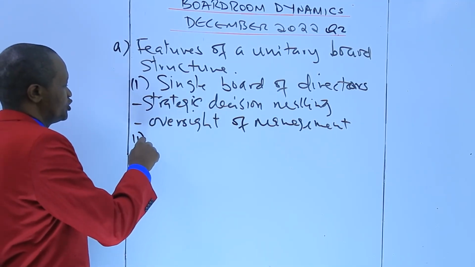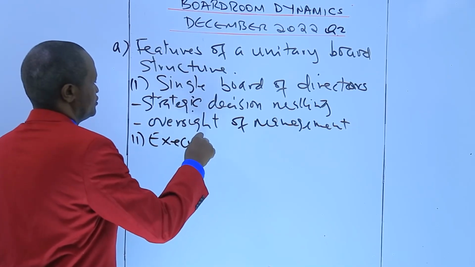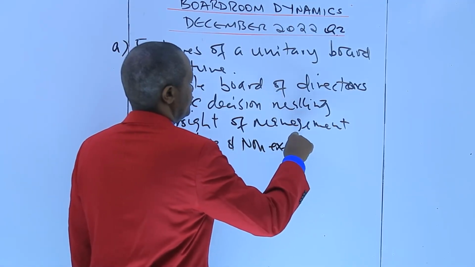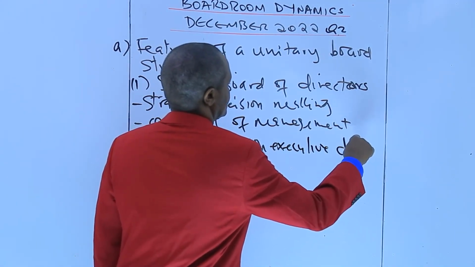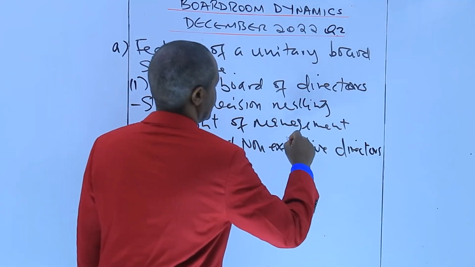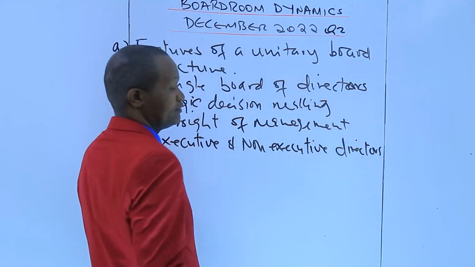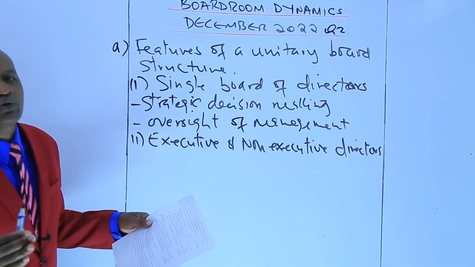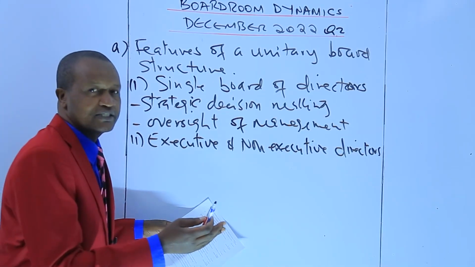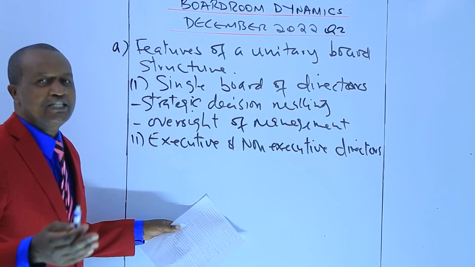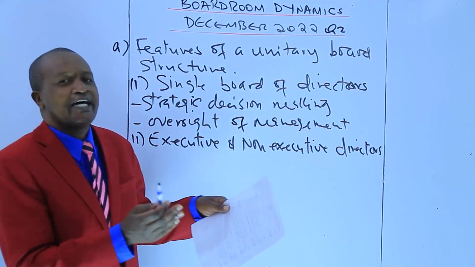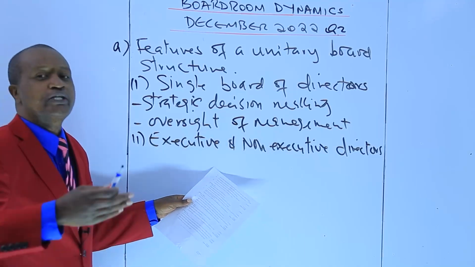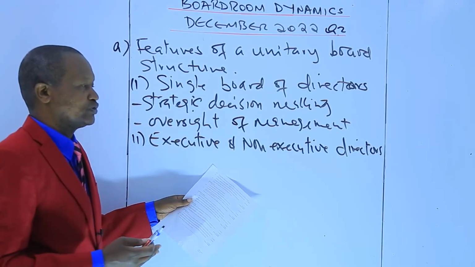Another point is in relation to executive and non-executive directors. The unitary board structure includes both executive directors, who are typically the senior managers within the company, and the non-executive directors, who are independent directors with no direct involvement in the day-to-day operations of the company.